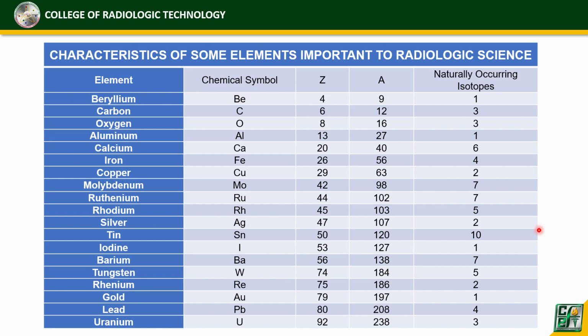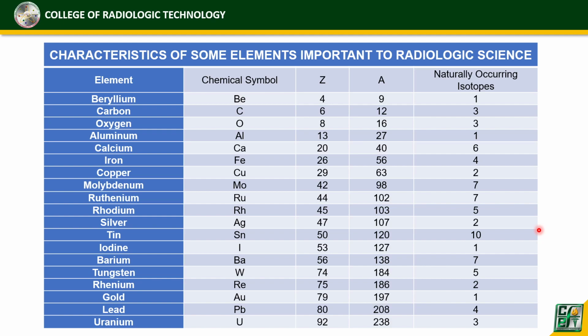The chemical symbols, atomic number and atomic mass number are indicated, plus the naturally occurring isotopes. Let's take barium. Barium has seven naturally occurring isotopes.